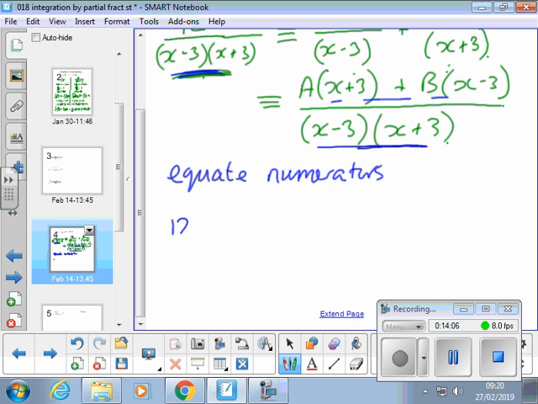We say that 12 is equal to A times x plus 3 plus B times x minus 3. If the two denominators are equal, then the two numerators must also be equal to each other. Yeah? We've got two constants to find, A and B. What do we do?